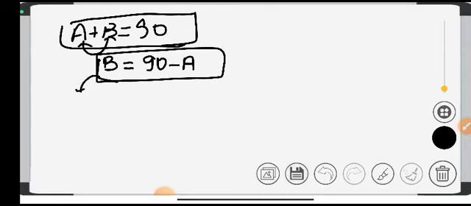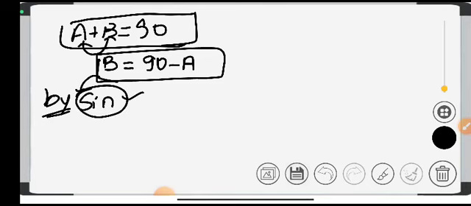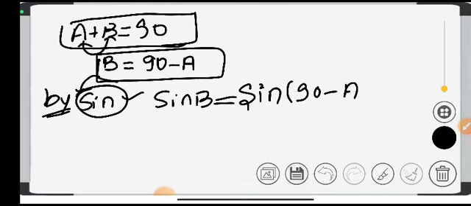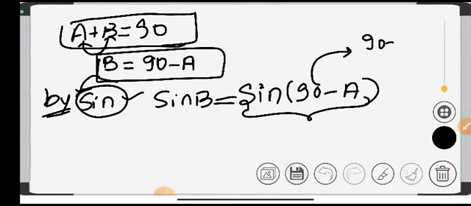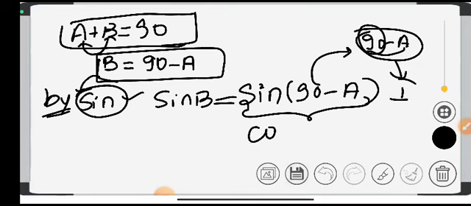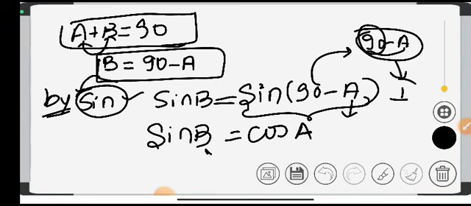In which quadrant does it lie? 90 minus theta lies in the first quadrant. For 90 the function changes, so it becomes cos A, and all values are positive. So sin B can be written as cos A if the sum of the angles is 90 degrees.